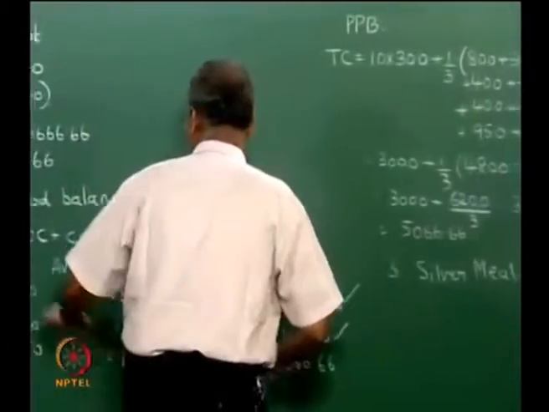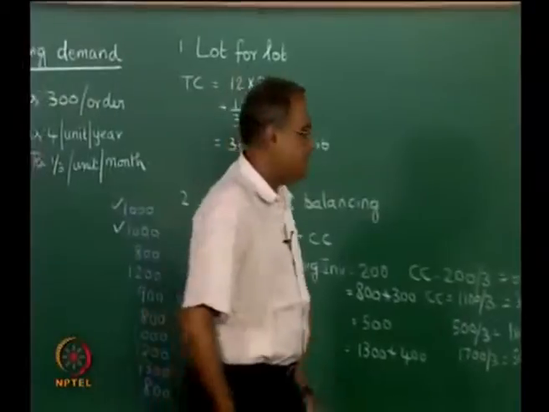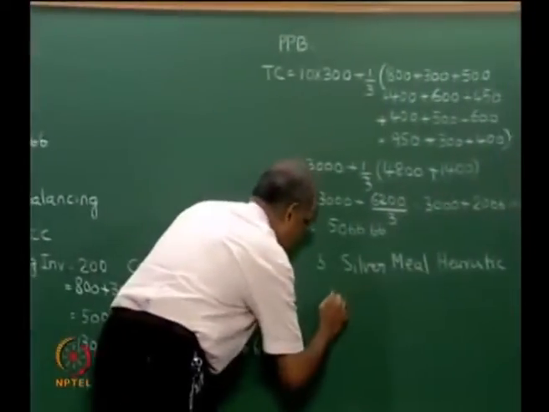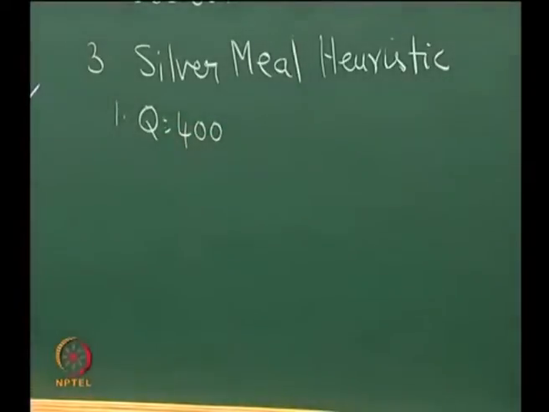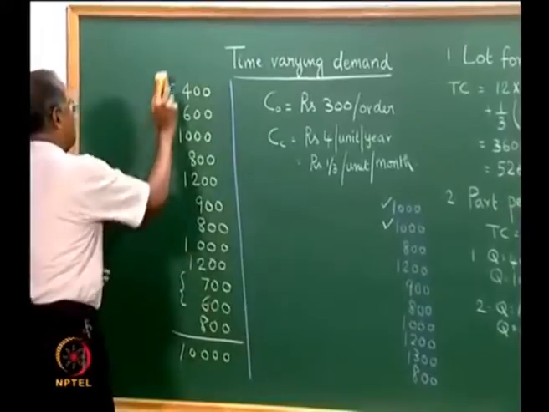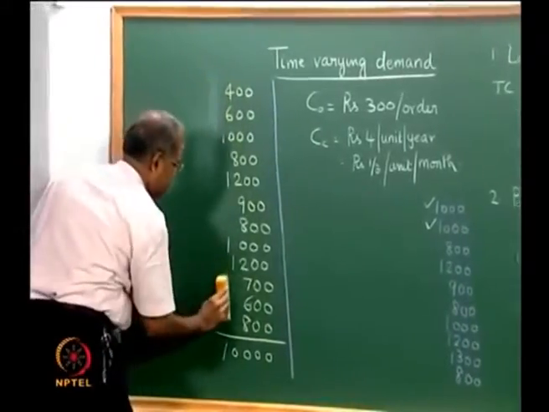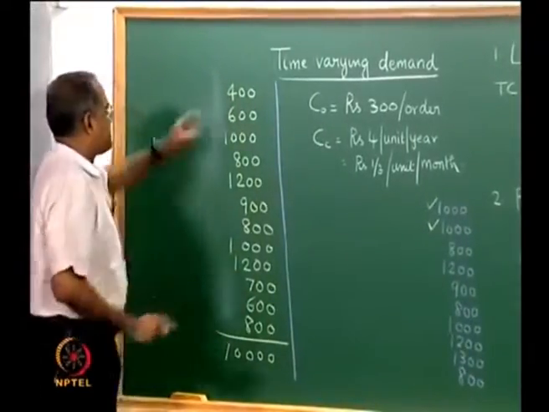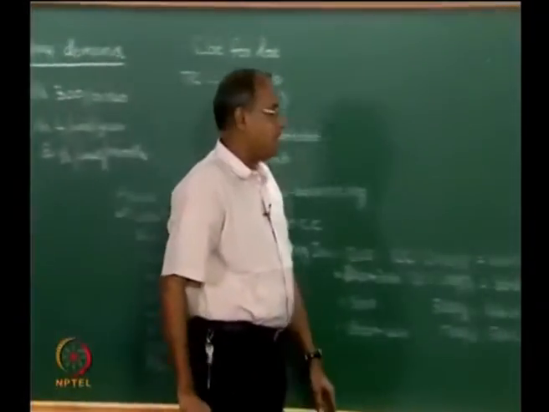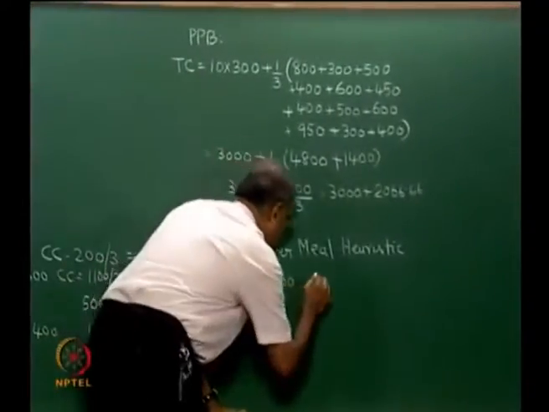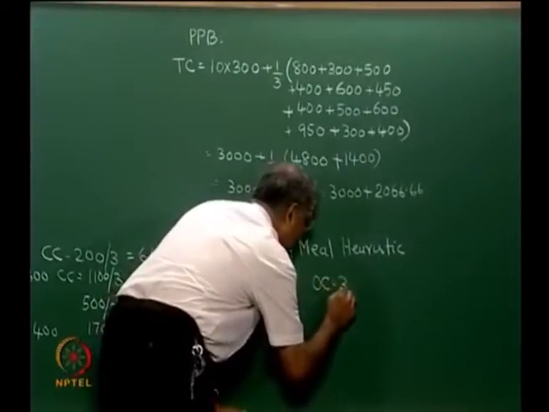Now, let us start like we did in part period balancing. We begin with Q equal to 400. Let me remove this and let me also remove this. So, we start first with this. When we place an order, we have to incur an order cost of 300.